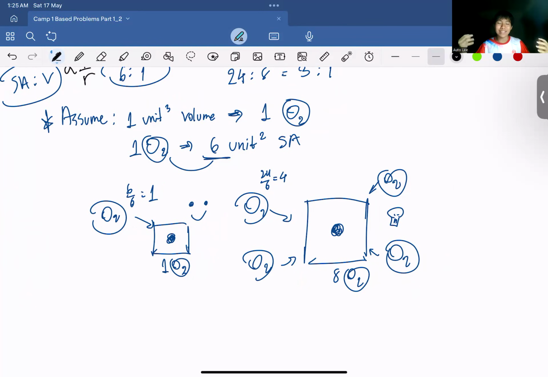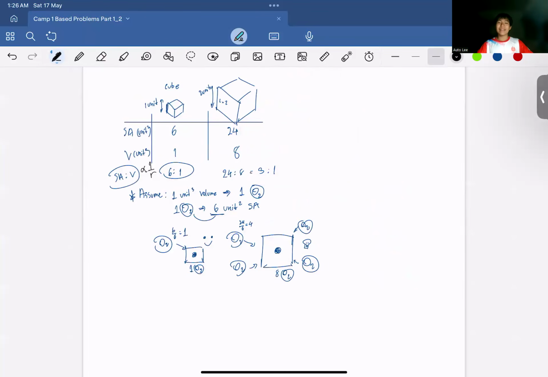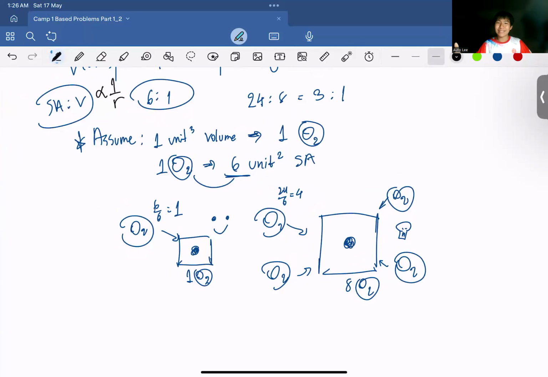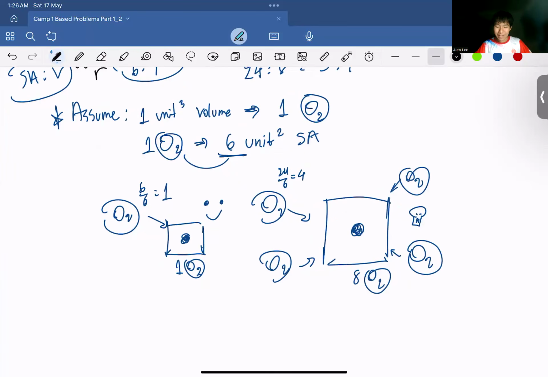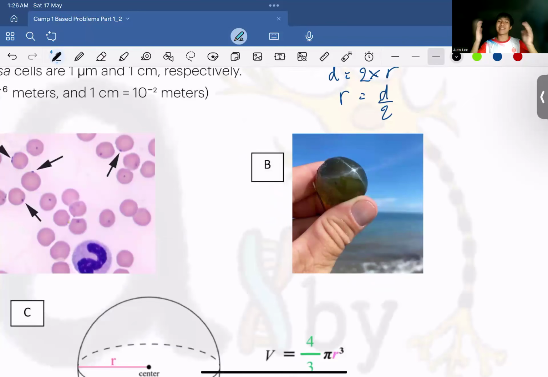So it's not just oxygen; it's loads of things. Big cells won't have the ability to maintain their entire volume. But this is the most common case, because sometimes when you have a cell like this, this is an exception. There's its own set of adaptations and other stuff.